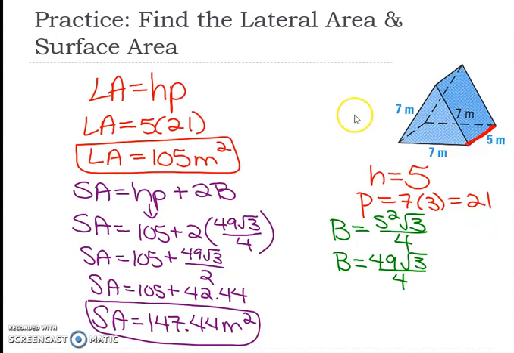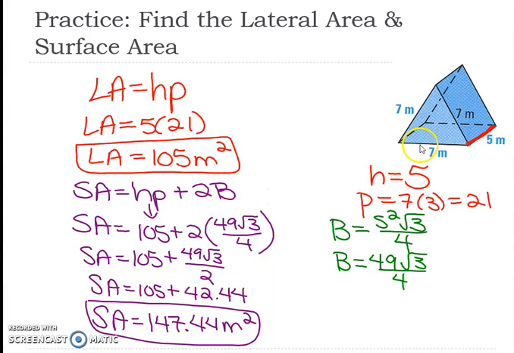This is a triangular prism. It's shown this way, but the sides are rectangles. So that's a prism, and lateral area is HP. H is the height, 5. Perimeter is 7 plus 7 plus 7, which is 21. That's 105. Once you have the height and P, we're going to do 2 times the base.